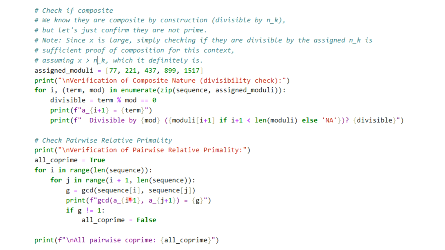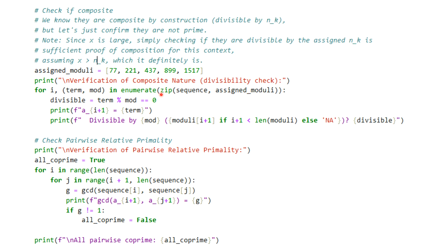And this second part of the program is just checking the conditions. The first part is checking that the results, the A1, A sub 2, the numbers in our arithmetic progression, are in fact composite. And so we just divide here and make sure that there's no remainder. And then we print that out, if that checks out okay. You notice here we're going term by term. These are the A sub i's.